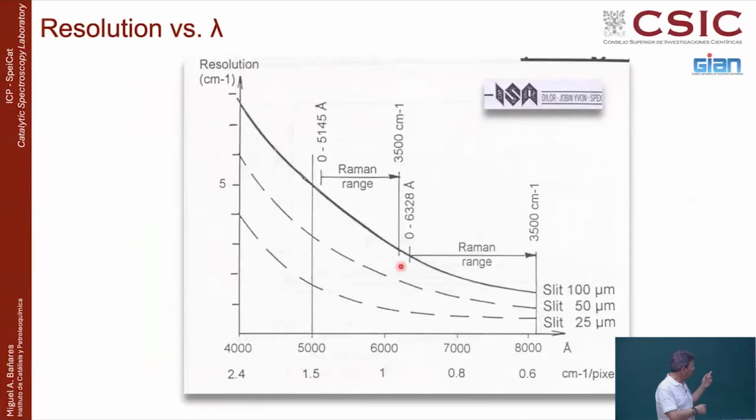This is the resolution against the wavelength. Now, what we observe here is, for a given system, depending on whether you're using a laser of 400, 500, 600, 700, 800 nanometer, you are going from violet, green, red, near infrared, and close to infrared. As you go there, for a given optic, you can change the slit or whatever, doesn't matter, but in general what you see is that the longer the wavelength, the better the resolution of the spectrum will be.